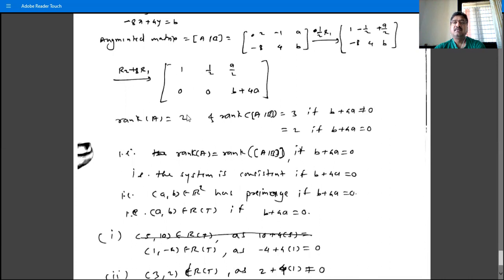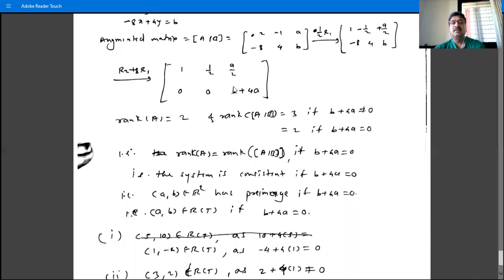And what is the rank of A now? It is 1. Rank of A is 1, because A contains only one non-zero row. And the rank of the augmented matrix [A|B] is what?